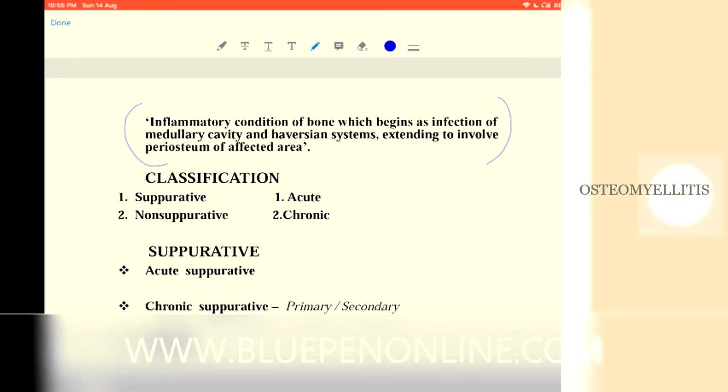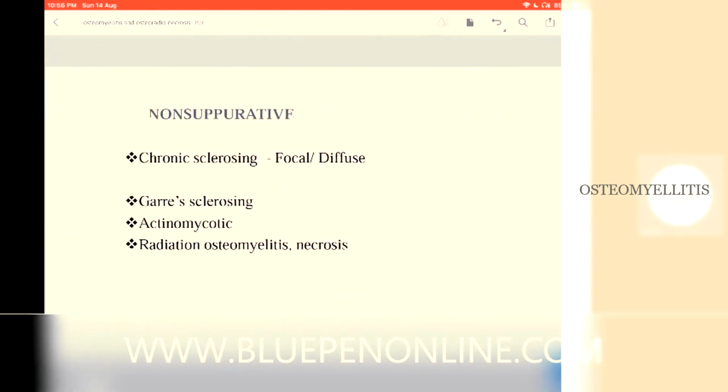To classify osteomyelitis, we have suppurative and non-suppurative osteomyelitis. That's clear, right? Then you can also classify it as acute and chronic. In the suppurative type, you can have acute suppurative, then chronic suppurative. You can also have the infantile type.